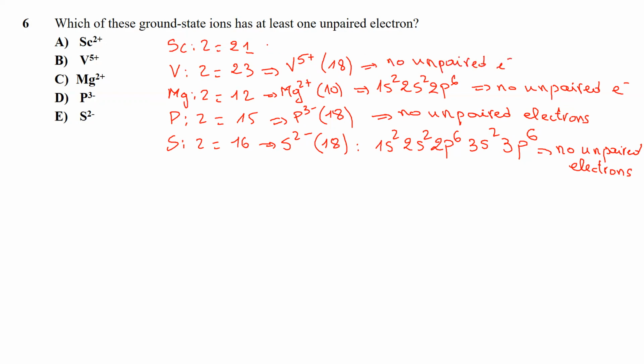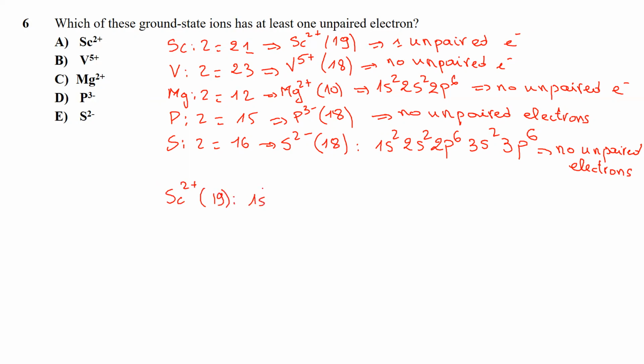Let's check the last one. If I have Z equal 21 and I have scandium 2 plus, meaning I'm removing 2 electrons, so there will be 19 electrons. Okay, so here I will have 1 unpaired electron. And we can write the configuration.